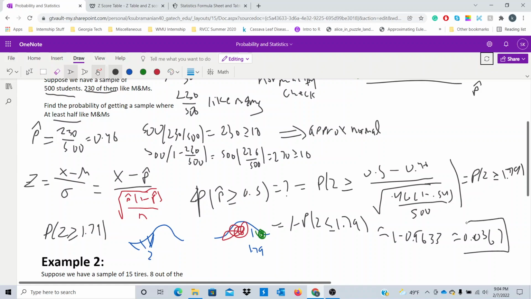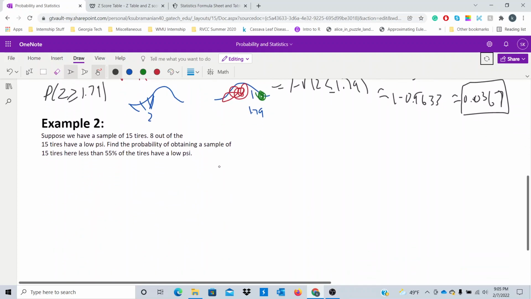So this is the probability of getting a sample of 500 students where at least half like M&Ms. It should be relatively straightforward. So we'll move on to the second example. Now, in the second example, we have a sample of 15 tires, right?